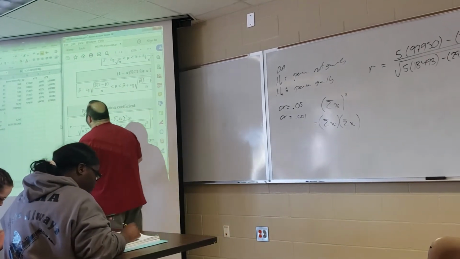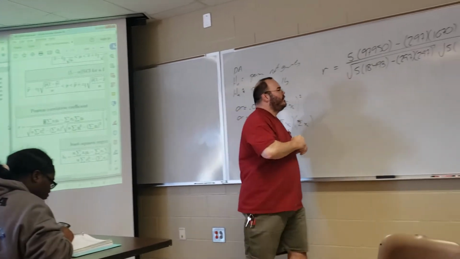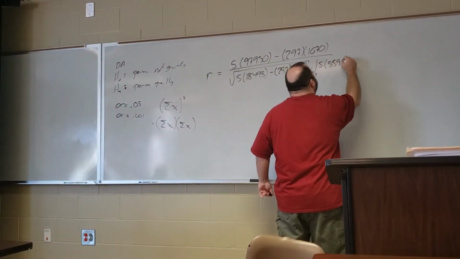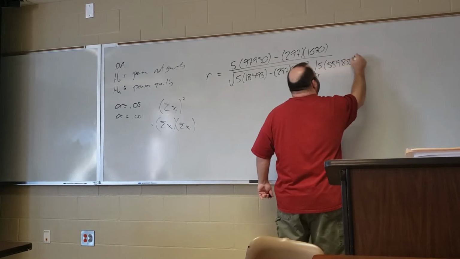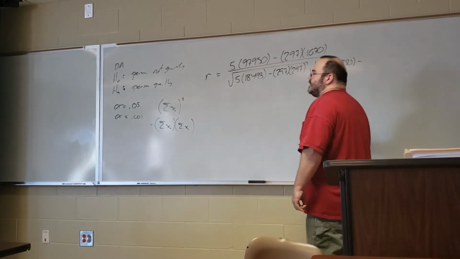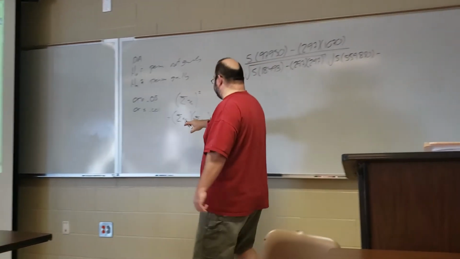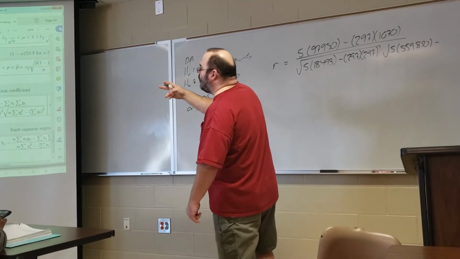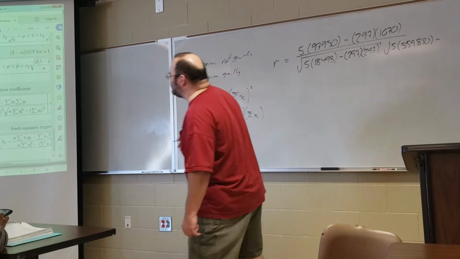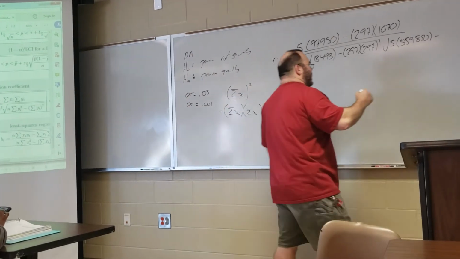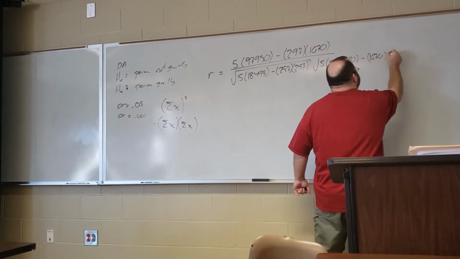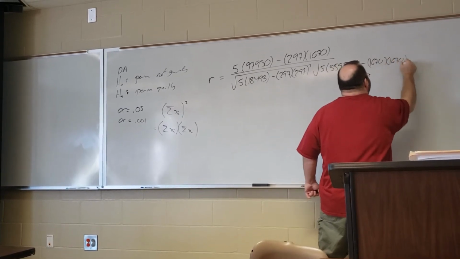So that's 559,850, minus, and again that's going to be rewritten as sum yi times sum yi. Our sum of our yi's is 1670, so that's 1670 times 1670.